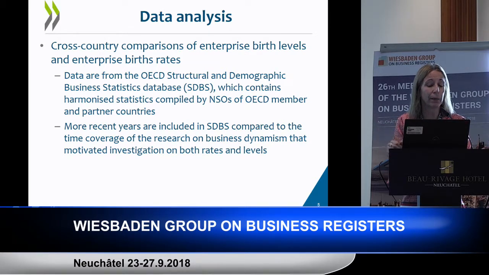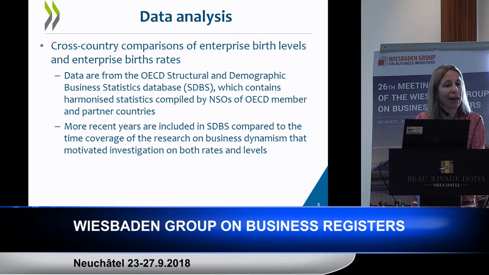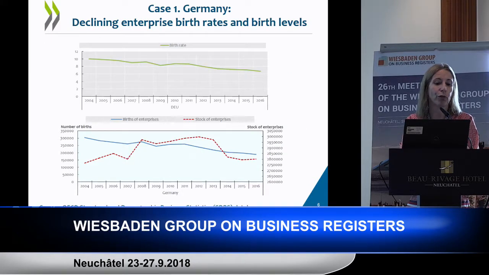So, to make our thoughts about these findings more concrete, we simply plotted the data for all the OECD countries to realize what the patterns were in terms of rate, level, and stock of enterprises.